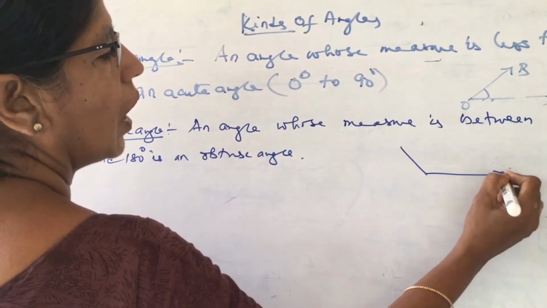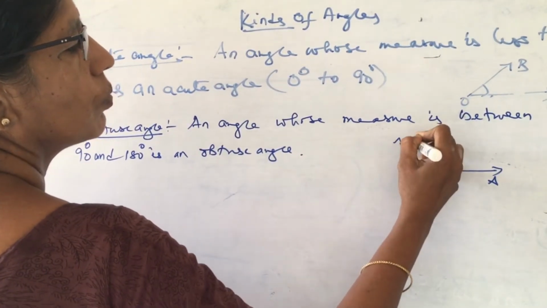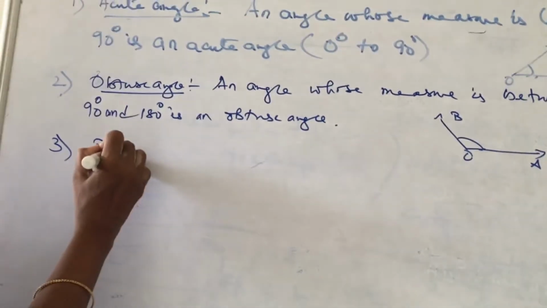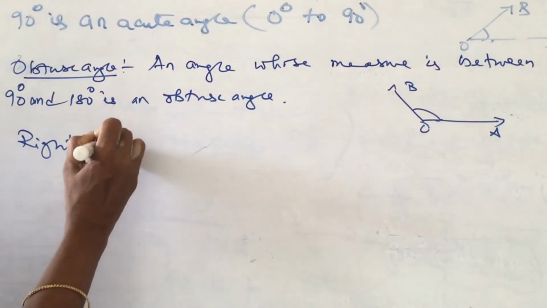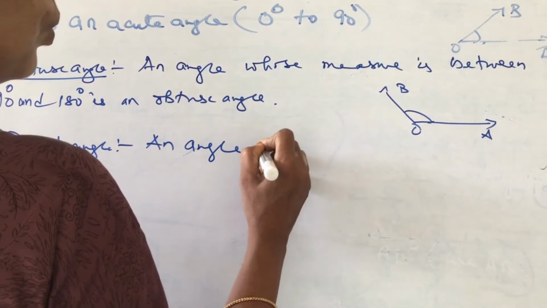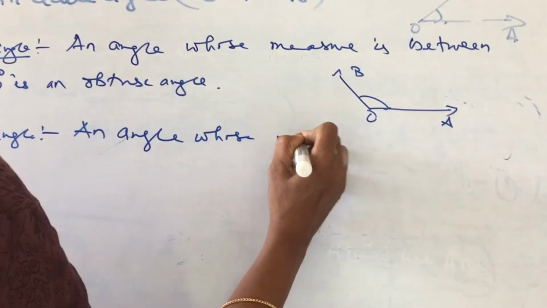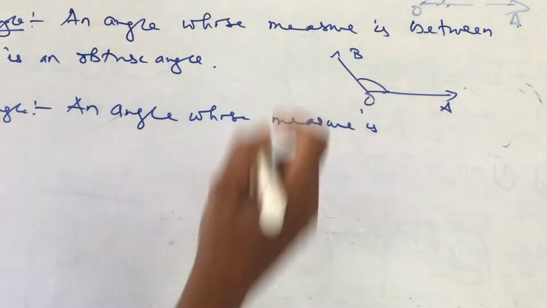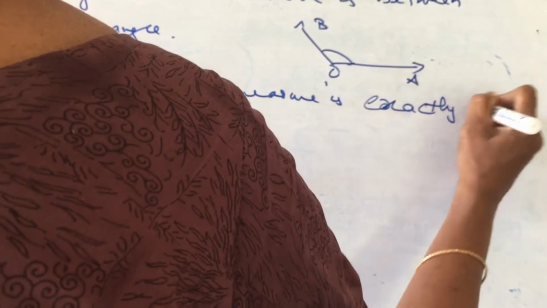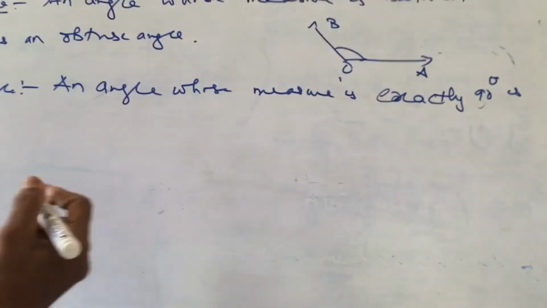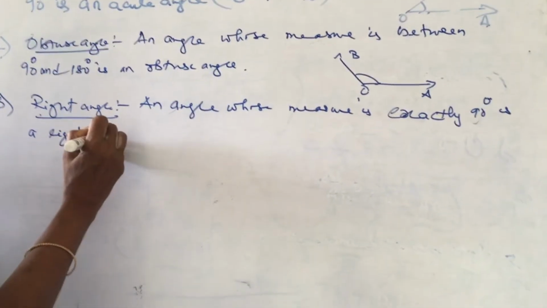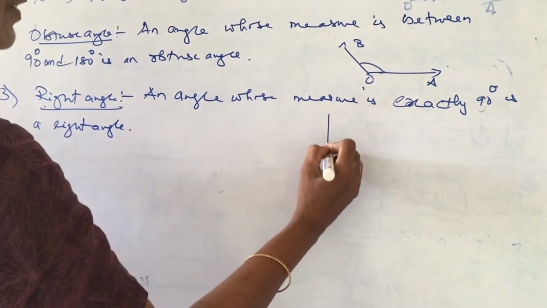Between 90 and 180. Right angle. An angle whose measure is exactly 90 degrees is a right angle. Exactly 90 degrees, children.